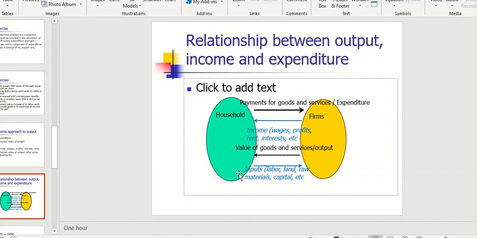So inputs are resources that are used to produce output. For example, workers or labor, land. By land, we do not literally mean just land. Obviously, by land, we include land, but it's more than that. Okay?